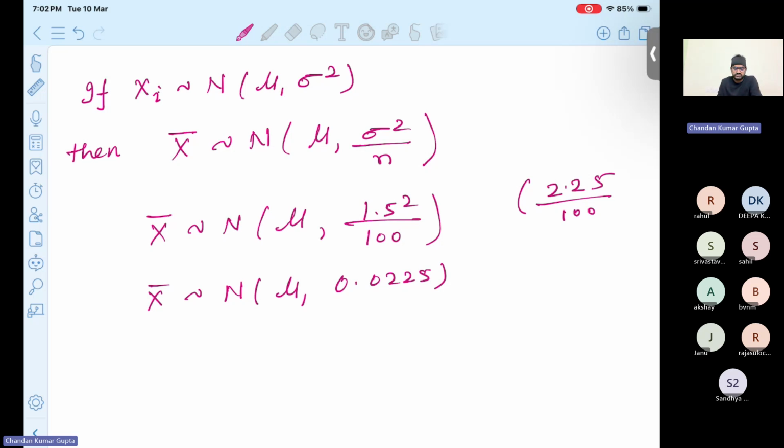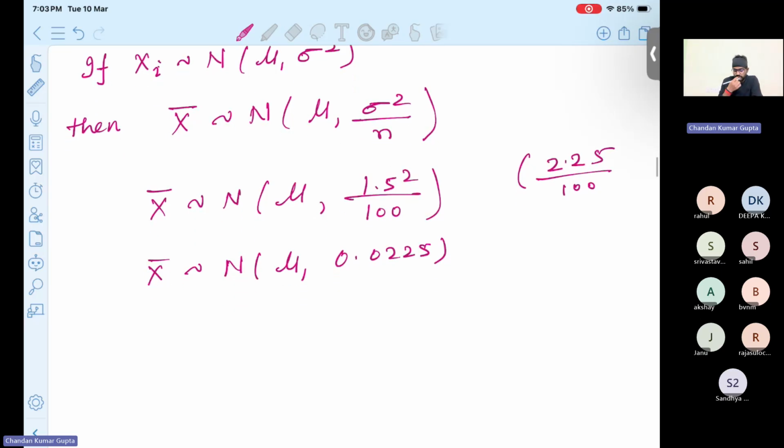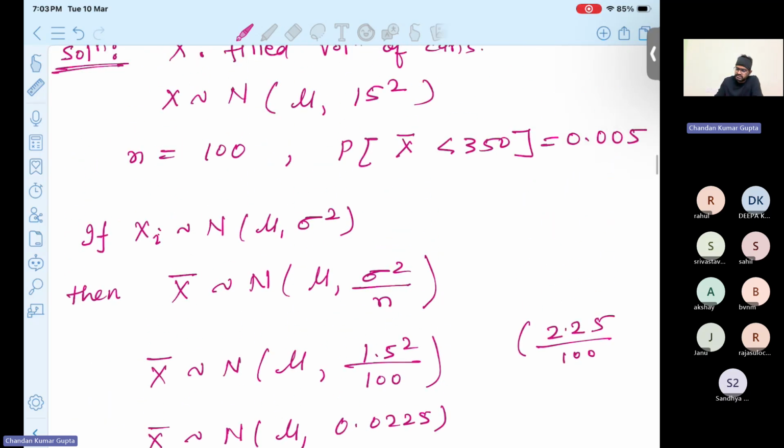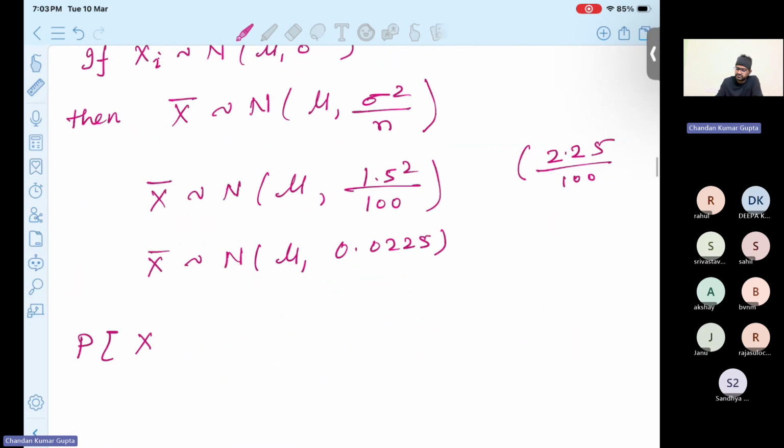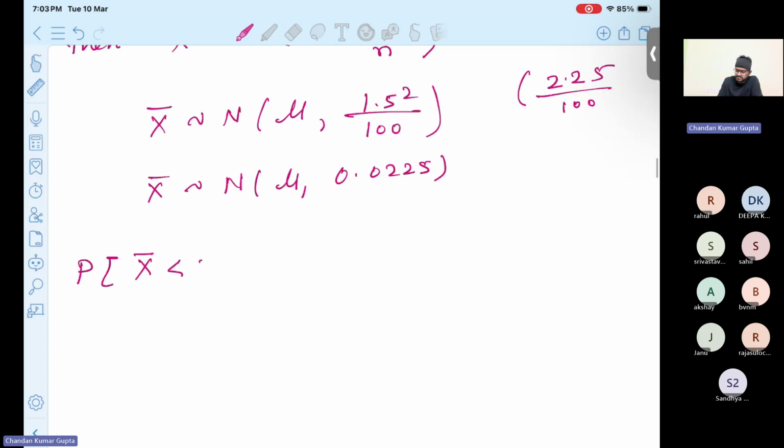Now we are given one simple thing. We are given the probability that x bar is less than 350 has probability 0.005. These are given.